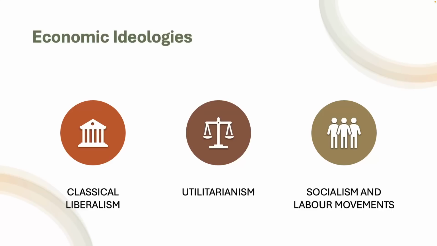Karl Marx won't become popular until later on, into the early 20th century, should I say. But more broadly, the growth of the trade union movement during this period was a response to the harsh conditions that were faced by industrial workers, including things like long hours, low wages, and unsafe working environments. We can see how such movements, socialist movements and labour movements, began to gain traction.